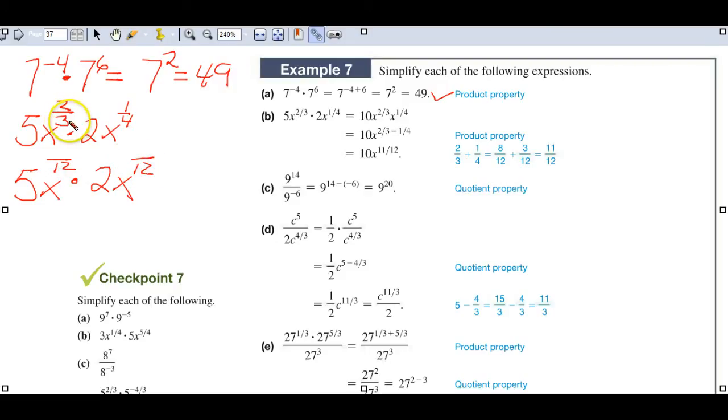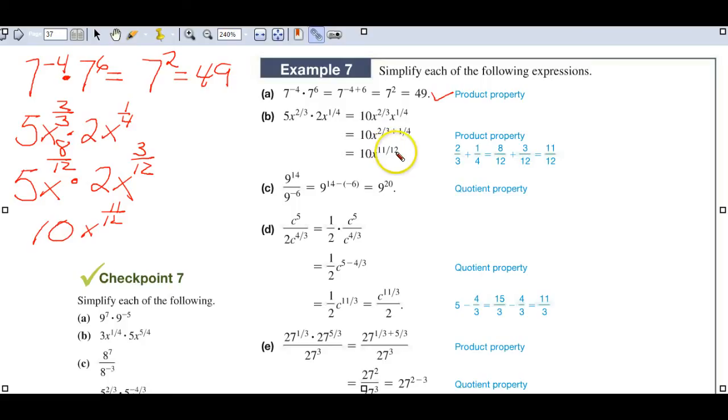So 4 times 3, this is going to be 8. This is going to be 4 times 3 is 3. So 5 times 2 is 10. 8 and 3 is x to the 11 twelfths.